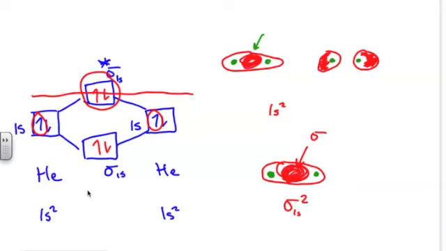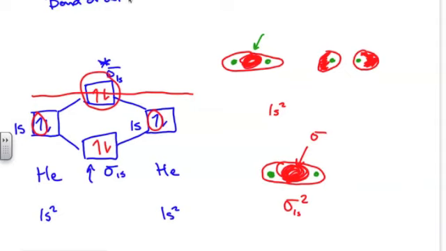Now, if we talk about things like bond order, it comes very close to the number of bonds a molecule forms. So if we look at hydrogen, if you remember before, we just had 2 electrons in this one bonding orbital.